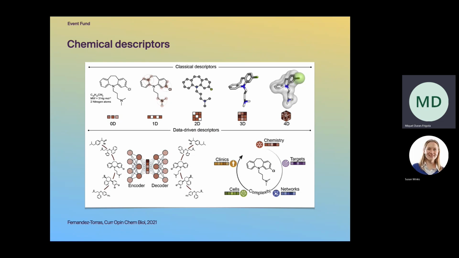Now that we have a lot of data out there, we can actually come up with other types of fingerprints that I call data-driven. The idea of these fingerprints is to consider many compounds and not assume many things about them, just show them to an algorithm.